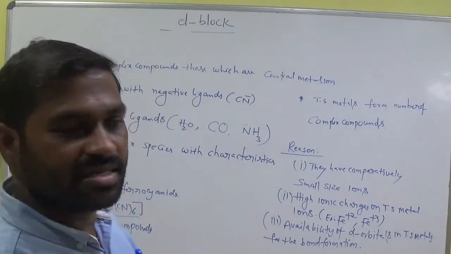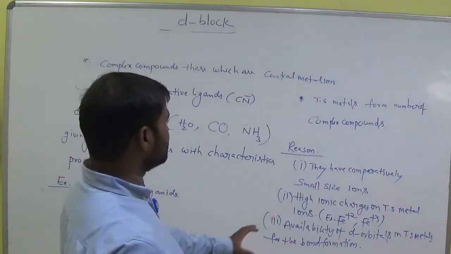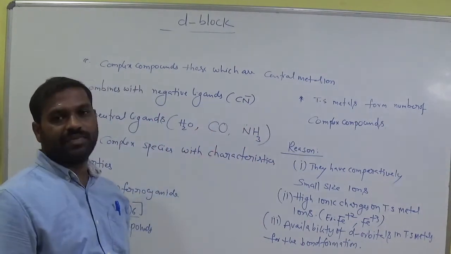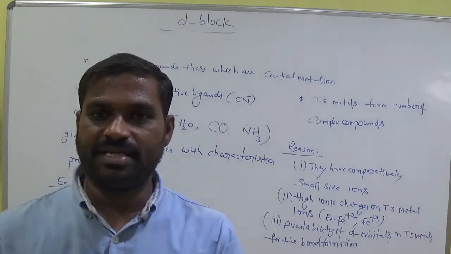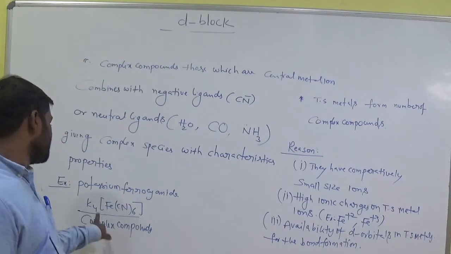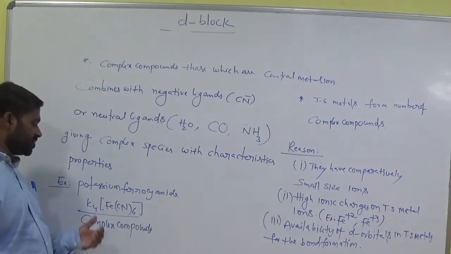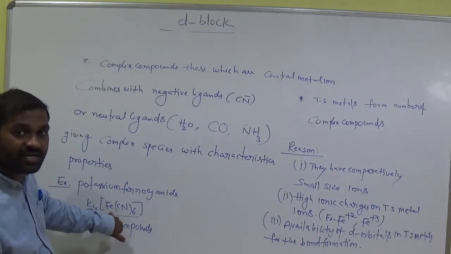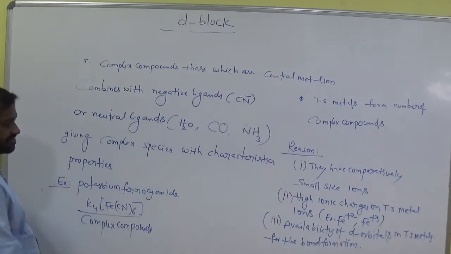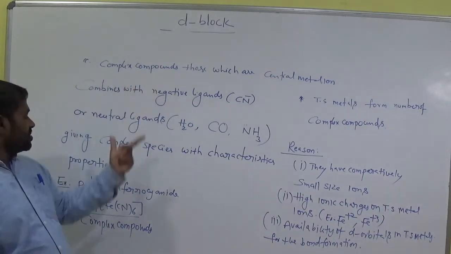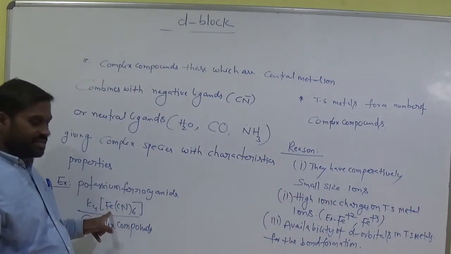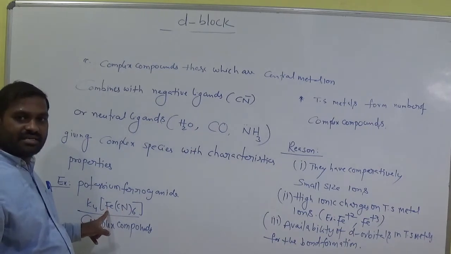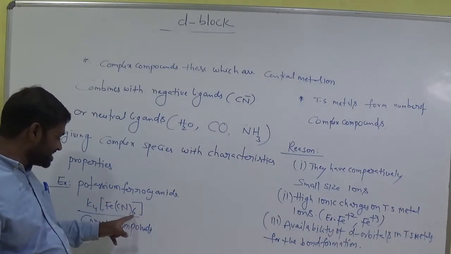You know very well that. So these are the reasons for the formation of complex compounds by the transition metals. One example of a complex compound is potassium ferrocyanide. What is the oxidation state of iron here? +2. So this is the central atom, which is called the transition metal, surrounded by 6 ligands.